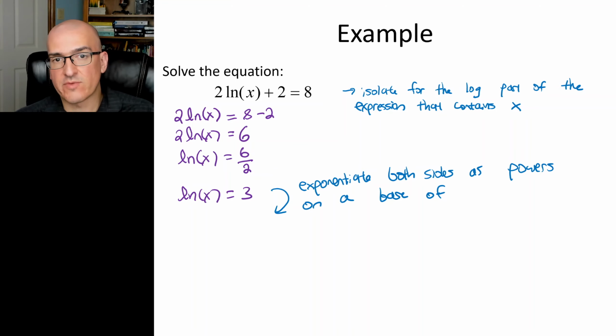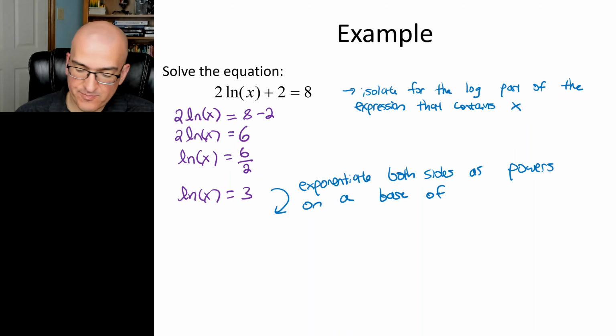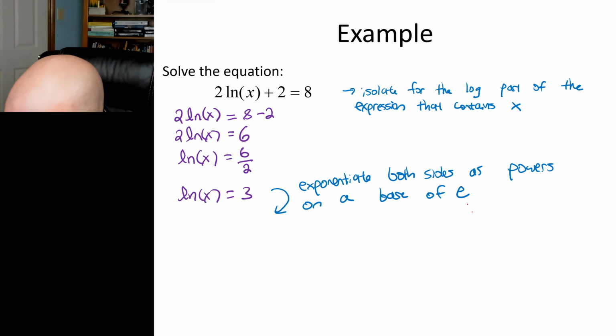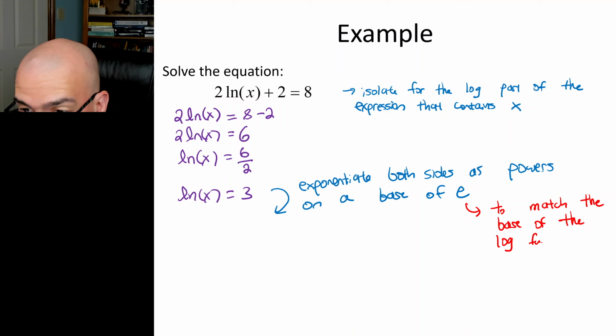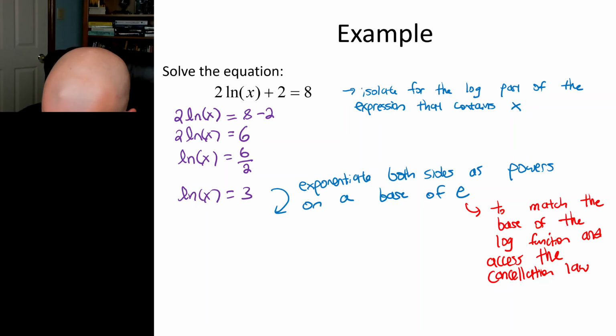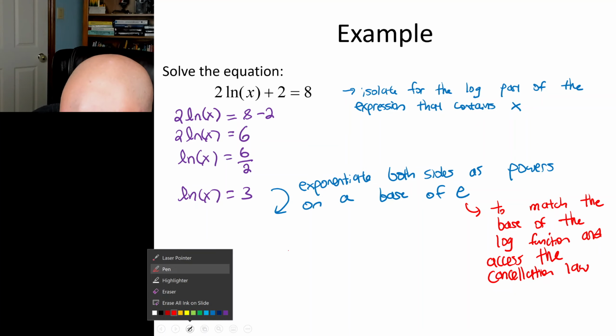We exponentiate both sides, and we're doing this to get access to the cancellation law. This log function that we have is a log function with the base of e. So we're going to exponentiate with a base of e to match the base of the log function and access the cancellation law. So I'm going to raise both sides.